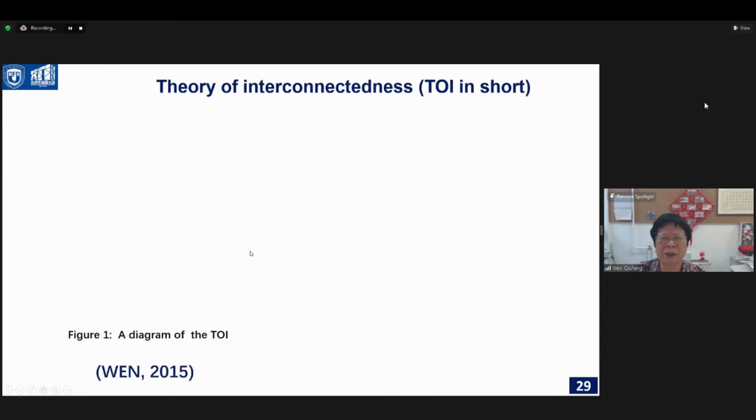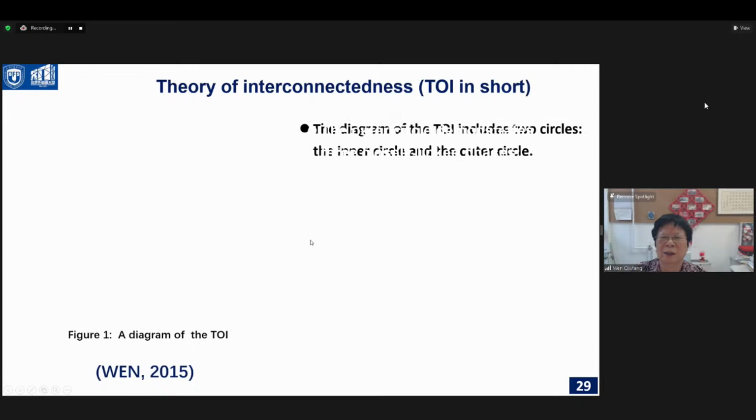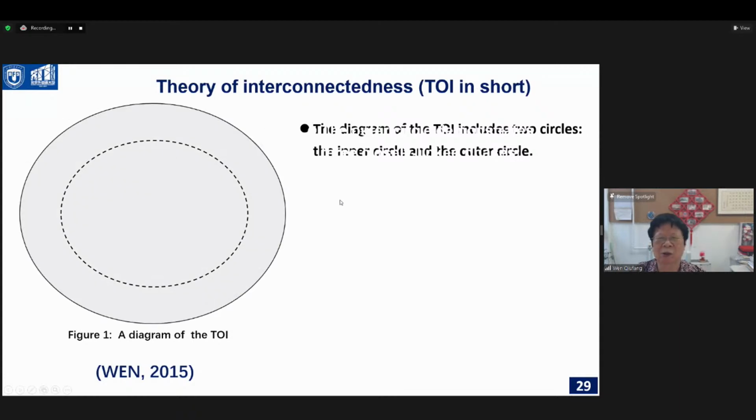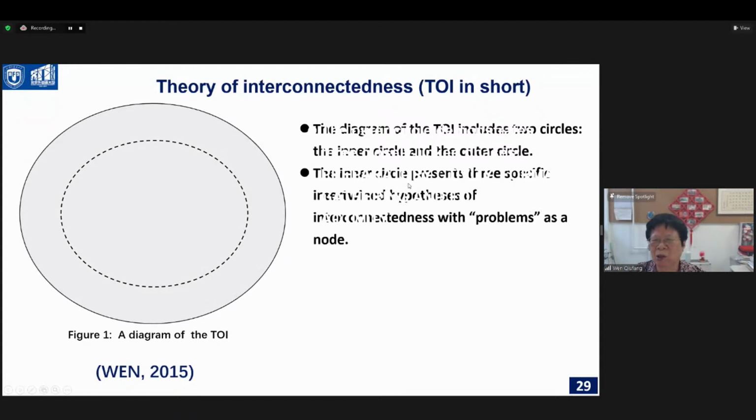Now, what is the theory like? The diagram of the TOY includes two circles, the inner circle and the outer circle. Now, the inner circle presents the three interconnected hypotheses.